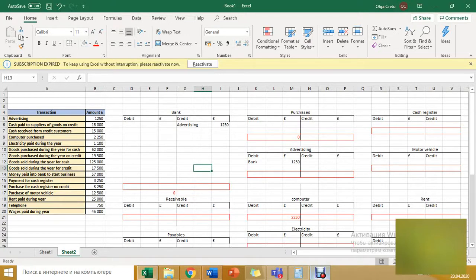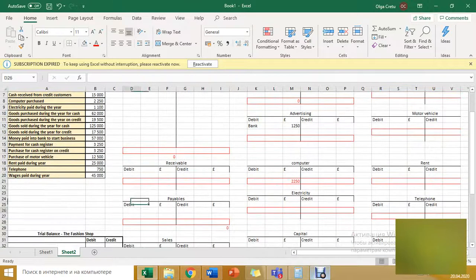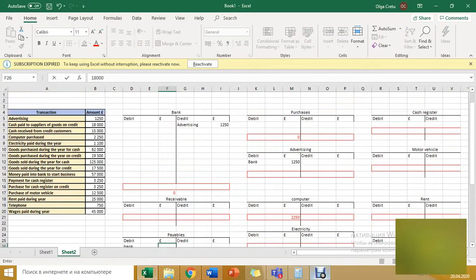So we have the payable account, and it's going to be 18,000 in debits, and then we have the bank, 18,000.